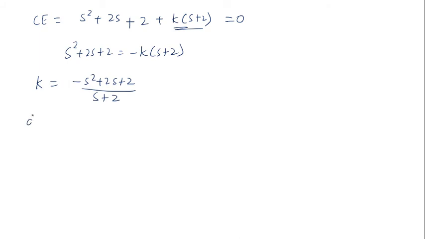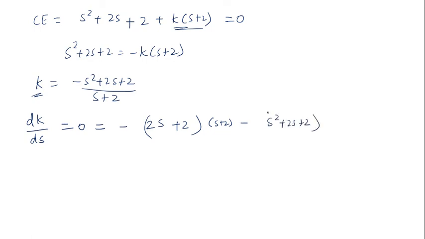Now I differentiate K with respect to s, so dK/ds is 0, since K is a constant. Using the UV method, the differentiation of the numerator is 2s plus 2, multiplied by (s plus 2), minus (s square plus 2s plus 2) times the differentiation of the denominator, which is 1, all divided by (s plus 2) whole square.